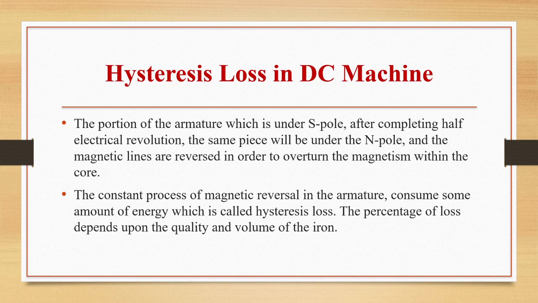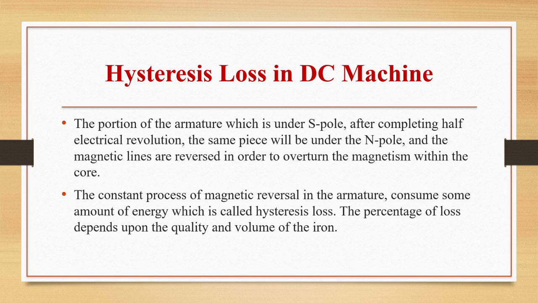So the portion of the armature under the south pole in one half revolution will be under the influence of the north pole in the other half, and the magnetic lines will be reversed. This constant process of magnetic reversal in the armature consumes some amount of energy, which is called hysteresis loss.